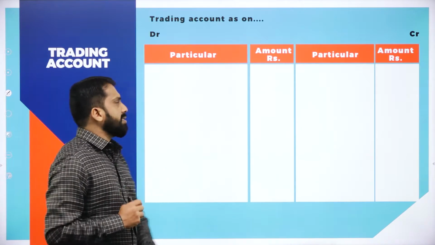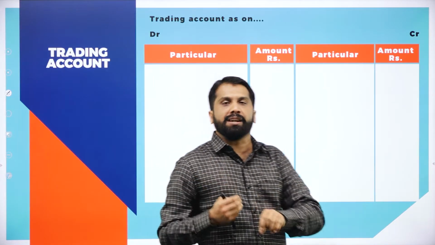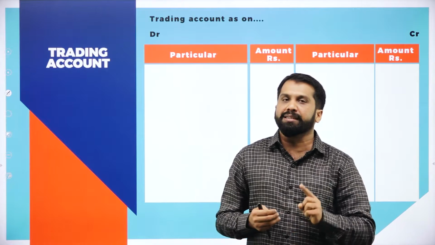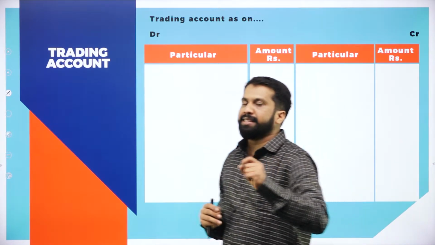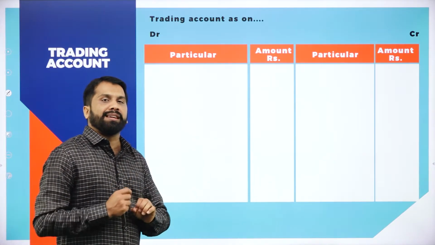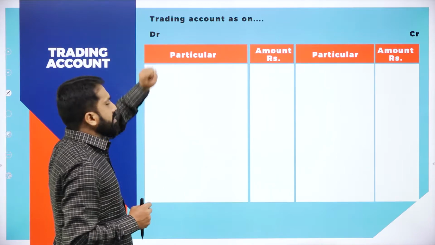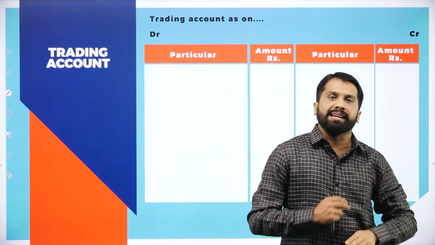Clear? Yes. Now, once that is done, whatever you write on the debit side, we call it debit. Whatever you write on the credit side, we call it credit. Debit side it will be debit and credit side it will be credit. You have to mention DR for debit side and CR for credit side.